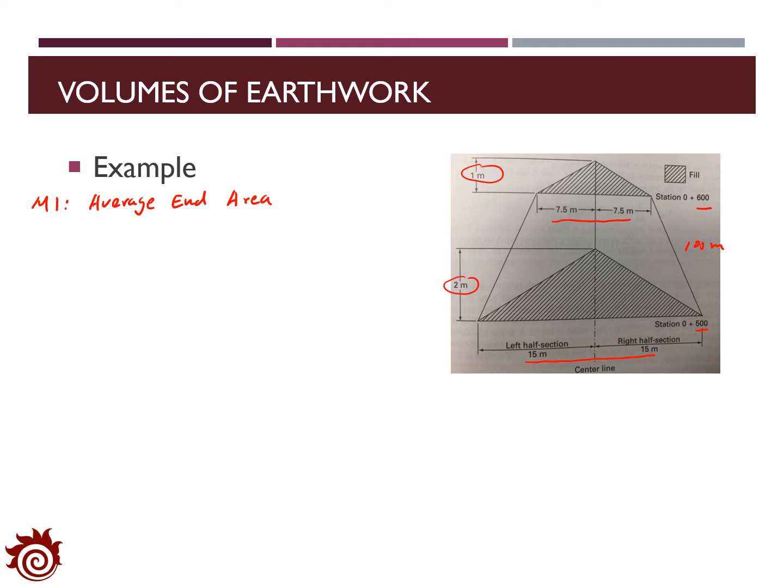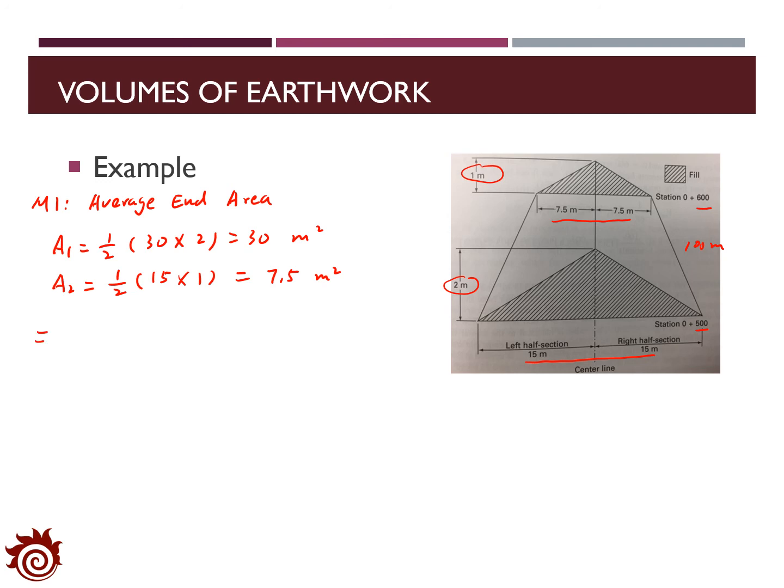At the initial point, we have A1 equal to half of 30 times 2, that is 30 square meters. And A2 equal to half of 15 times 1, that is 7.5 square meters.